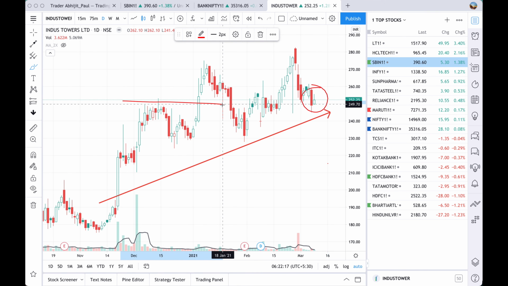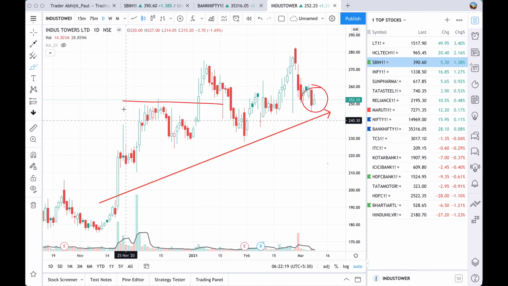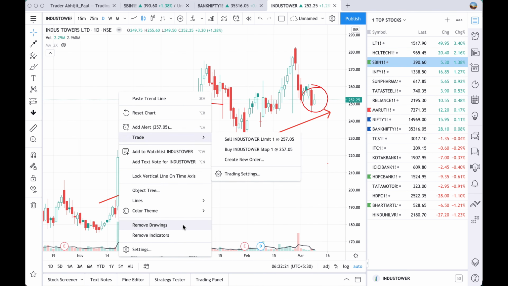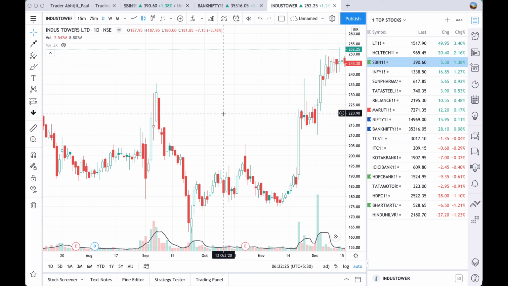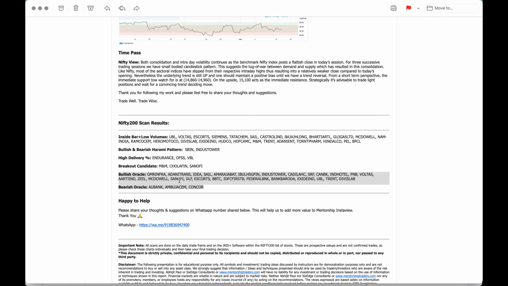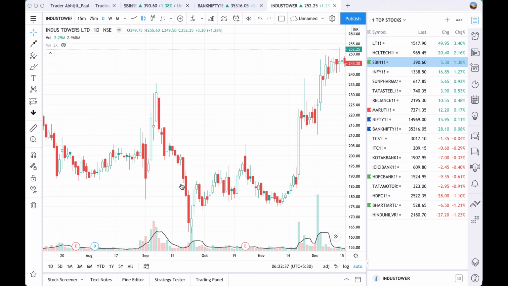Similarly, in a downtrend, I would wait for a bounce back and then get overbought. That is, there are certain rules of the Oracle system here, and then look to trade intraday on the downside.